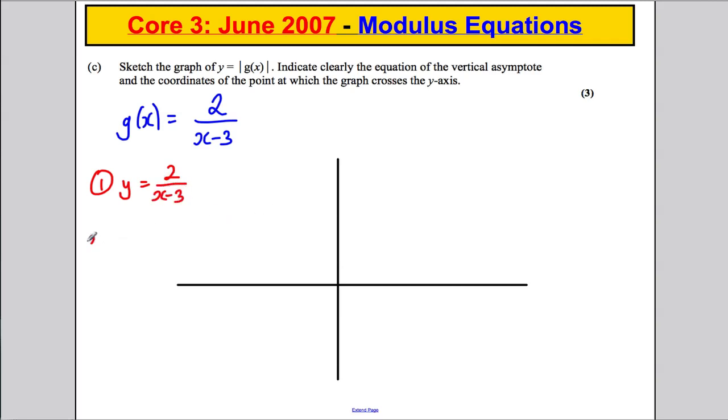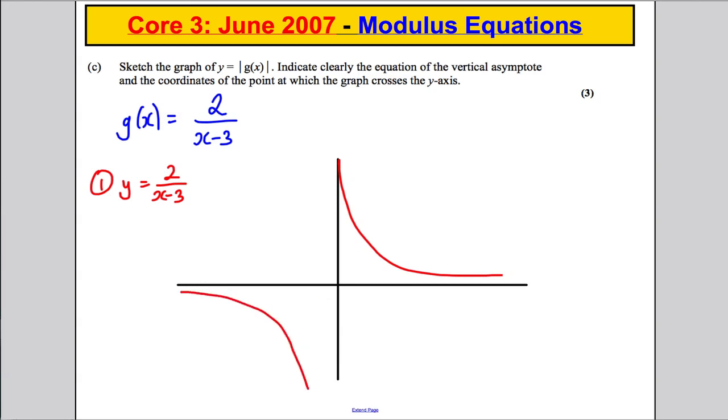Okay, when x is equal to 0, then we get ourselves y is equal to negative 2/3. Actually, this one's not going to be easy to draw like that. It's easier to just think of this as a transformation. This will be very much like the graph 1 over x. I'm going to draw this in and rub it out in a second.